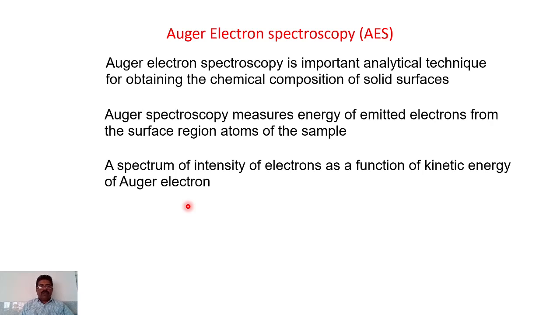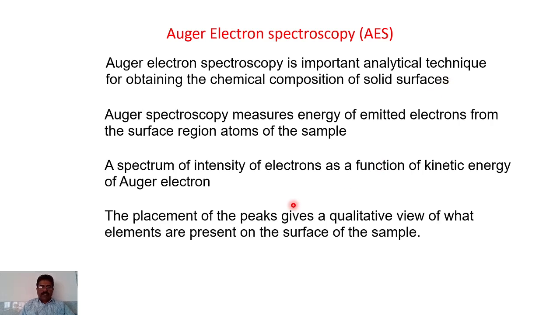It is a unique feature of a particular atom, and once you have a standard database for a particular atom, showing which peaks can be observed, then from the standard database you can easily identify which atoms are present in an unknown sample. So this is a very important analytical technique for obtaining the chemical composition of a solid surface.